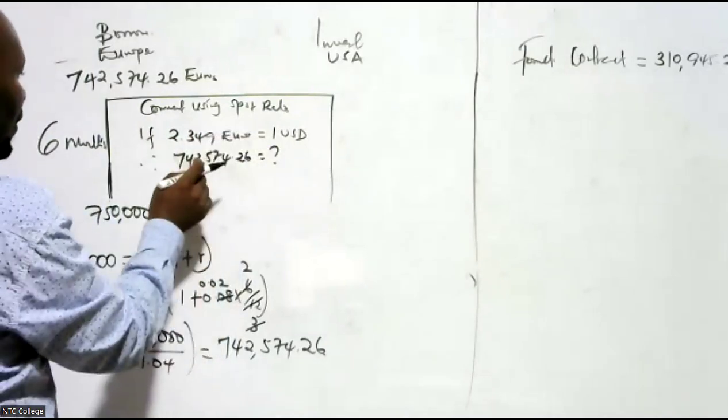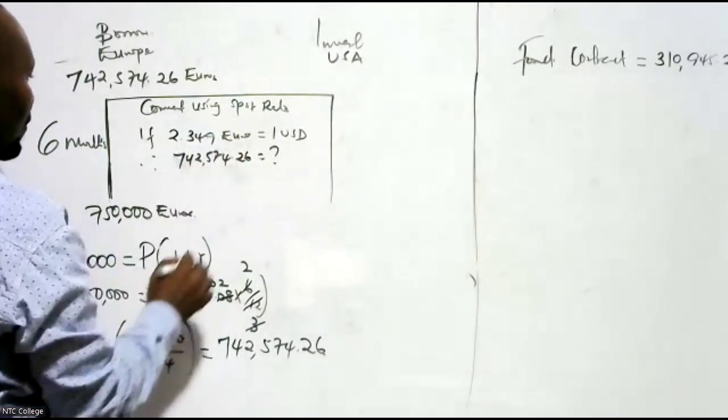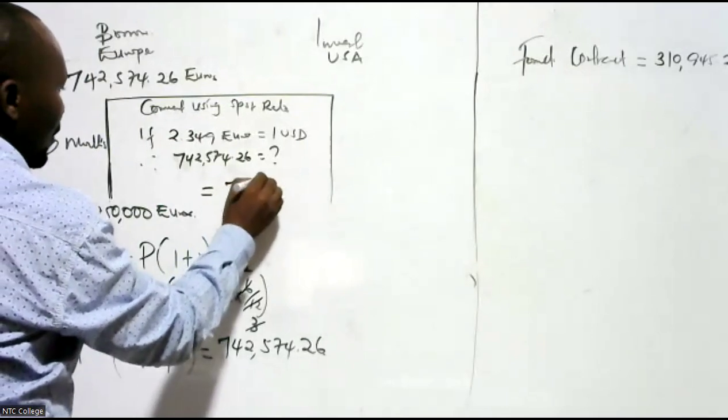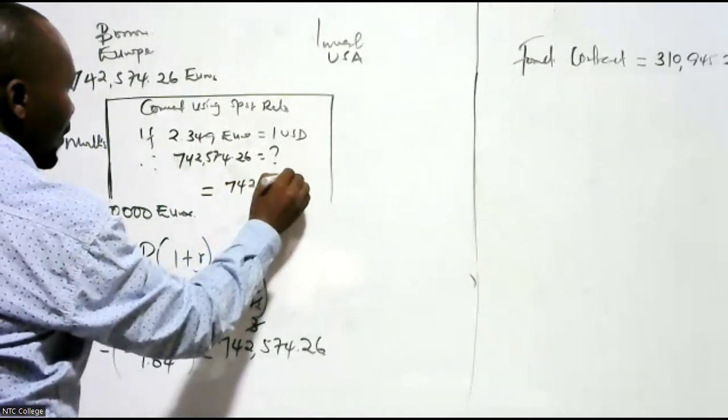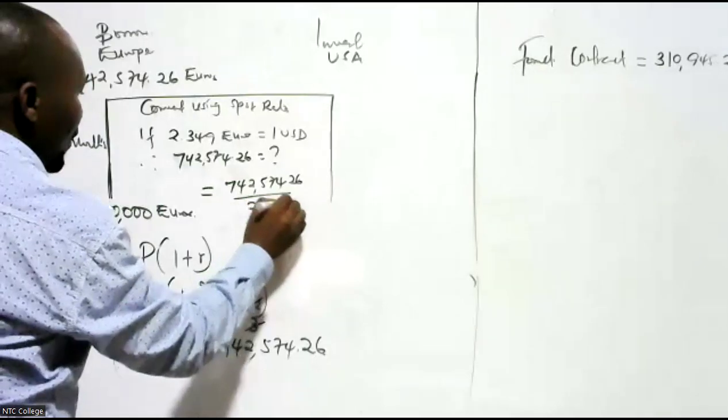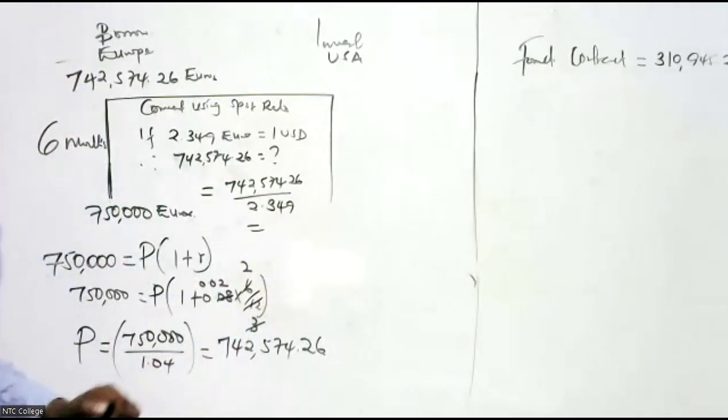So we have this divided by this. We divide 742,574.26 by 2.349. How much is it?